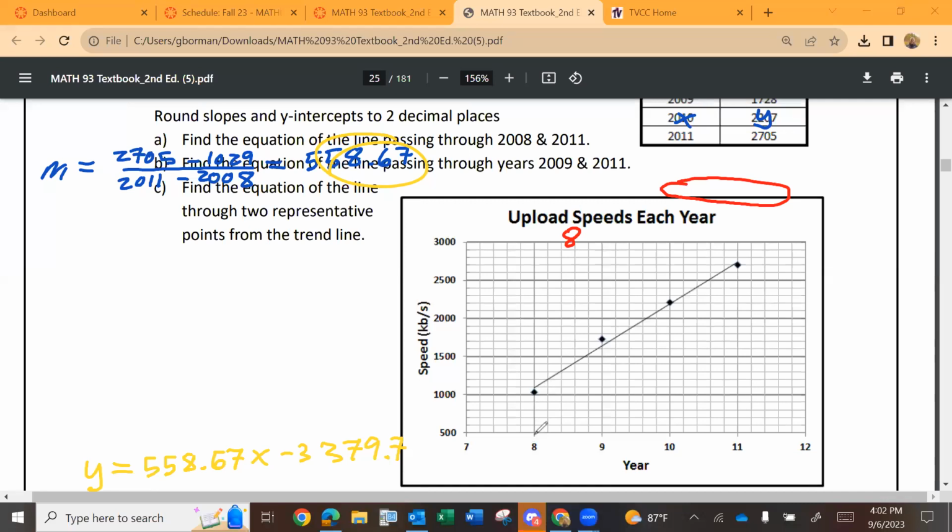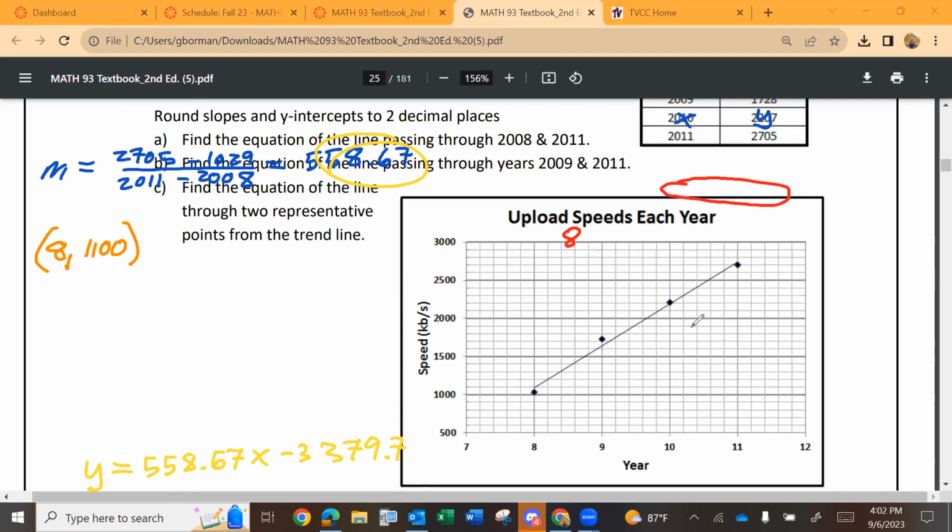So for example, in the year 2008, let's see, there's 1, 2, 3, 4, 5 of these. Each one of those is 100. So in year number 8, in 2008, the speed was 1,100 kilobits per second.